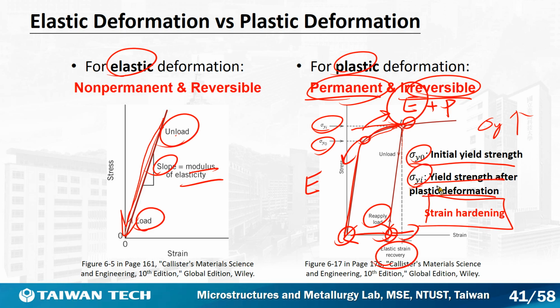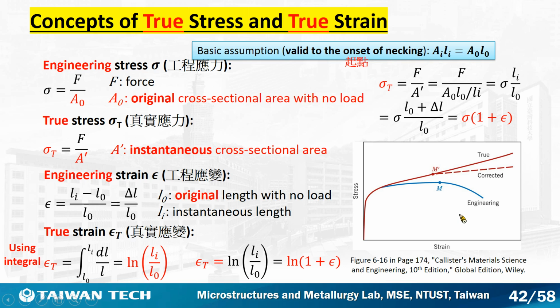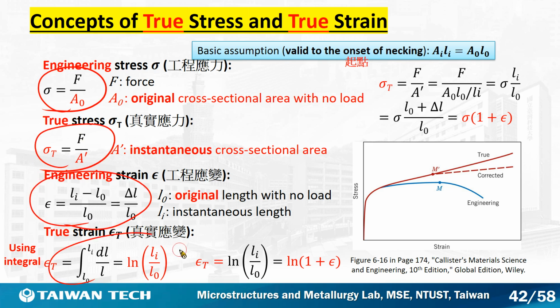It means that we apply stress or strain to the material. After that, the material will experience hardening. And for the concept of true stress and true strain, you have the equations here for engineering stress, true stress, engineering strain, and true strain.